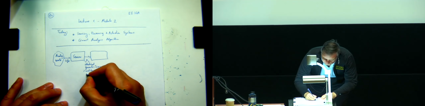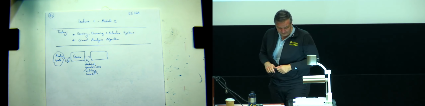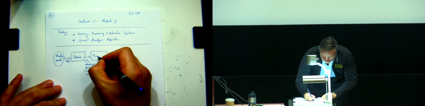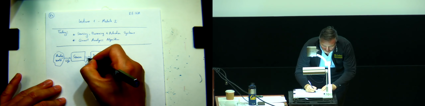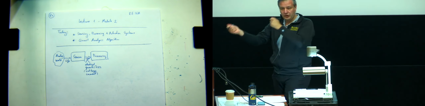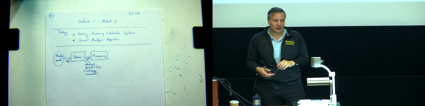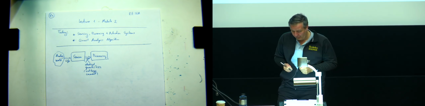Yep. Okay. So let's stick with these two. Then this goes into some processing unit. So this is still information, but it's just moved from one domain into another domain, from mechanical, temperature, humidity, pressure, whatever, into this electrical domain. It's represented either as a voltage or current or both.